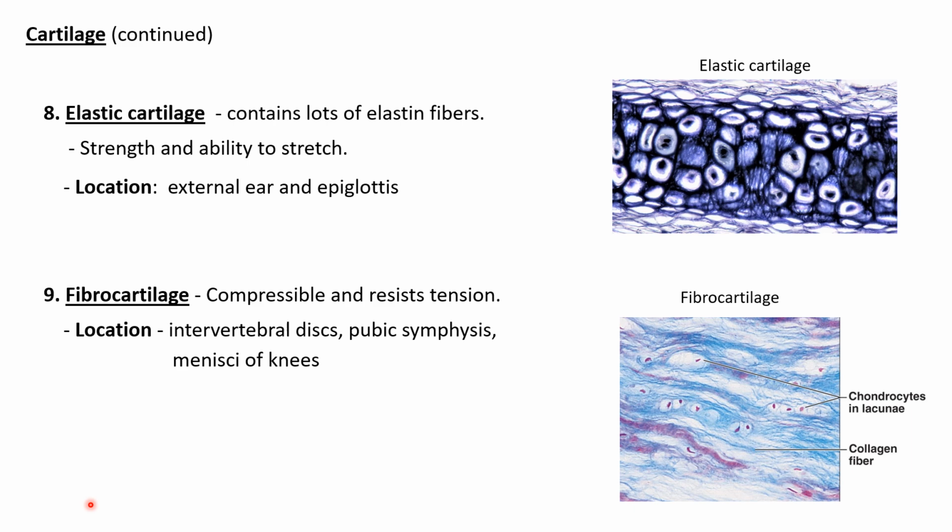So fibrocartilage, this is compressible cartilage and it resists tension. And a location is the intervertebral disc and the pubic symphysis and the knee menisci. So if someone says, oh, I have a torn meniscus, they're talking about a fibrocartilage pad in the knee. And that's real important because you have a lot of weight going on that joint, the knee joint.